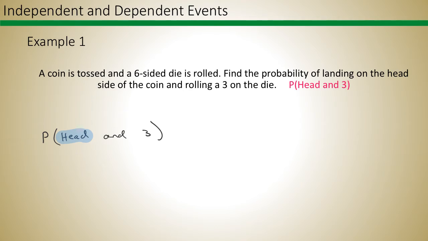There is one head on the coin, and there are 2 sides, okay? The second one, probability of rolling a 3 on the 6-sided die. There is 1 3 on the die. There are 6 sides, and we're just going to multiply these 2 things together. So we end up with 1 over 12, okay?